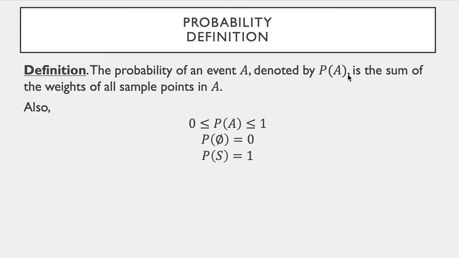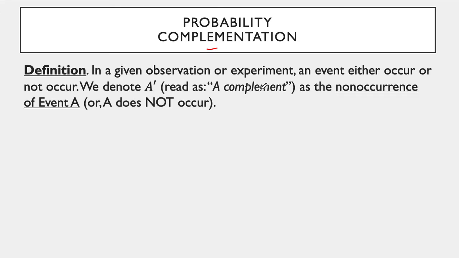Let's also talk about complementation. Take note, it's a word with an E, not with an I. Complement is not like when you flatter someone. Complement came from the word complete, in which it will complete something. In a given observation or experiment, an event will either occur or not occur.